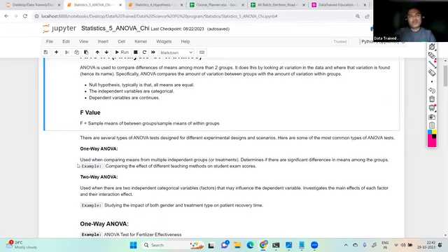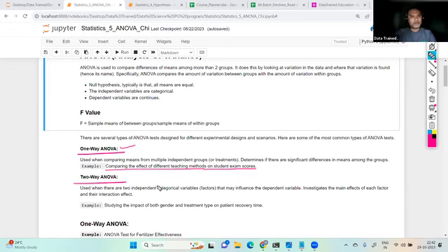So in ANOVA, there are various types of tests: one-way ANOVA and two-way ANOVA. So what exactly is one-way ANOVA? I will give a simple example here: comparing the effect of different teaching methods on student exam scores.